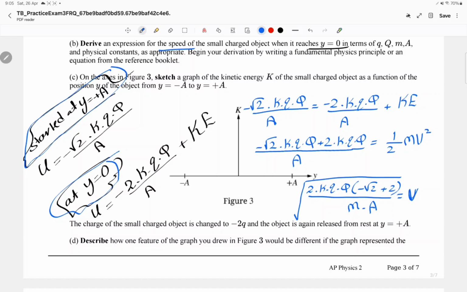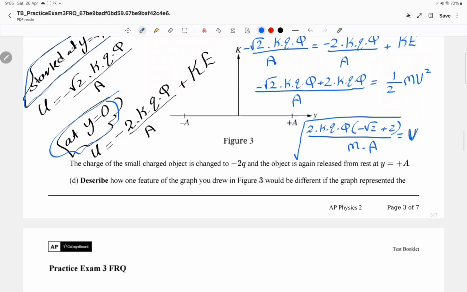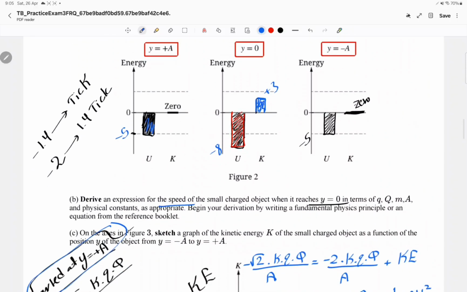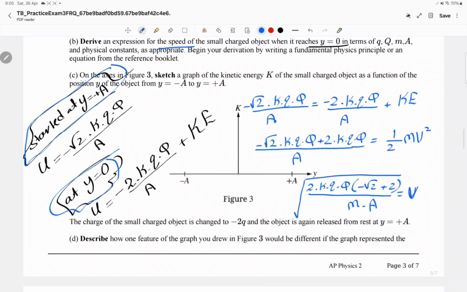Okay, now see on the axis in figure 3, okay, figure 3, oh, this one, okay. Sketch a graph with the KE. Okay.